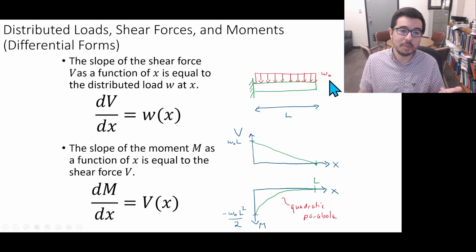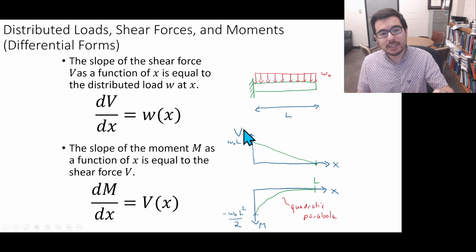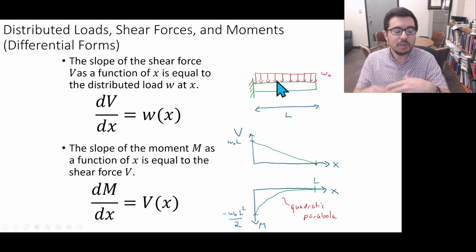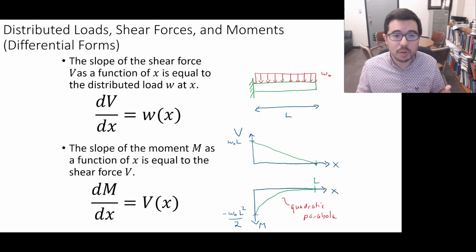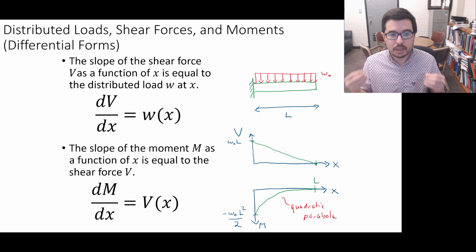We get minus w0 here. Okay? So we're able to use these equations in their differential form to go from bending moment to shear force to distributed force. And even though that may not be the direction that we go, they offer a nice form to check that what we have created makes sense.